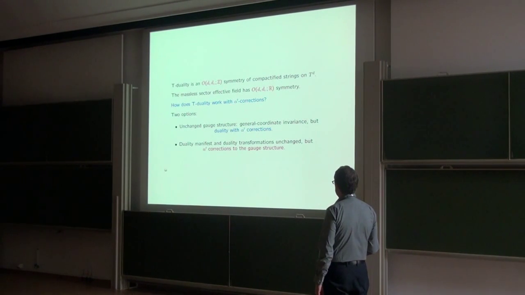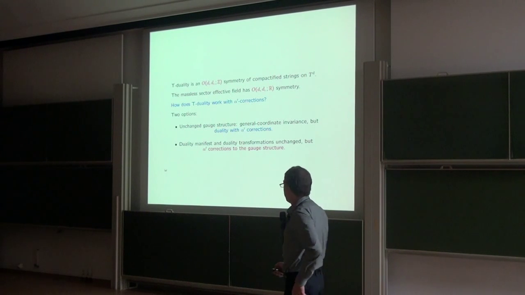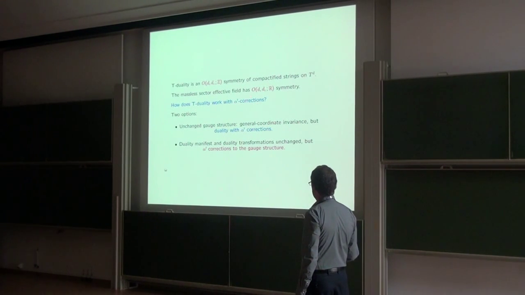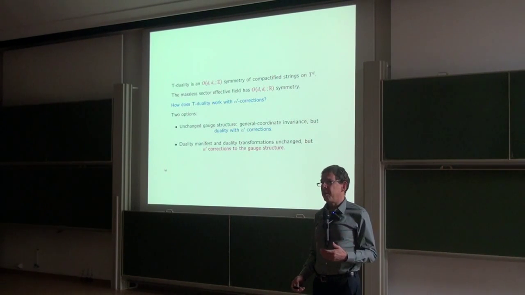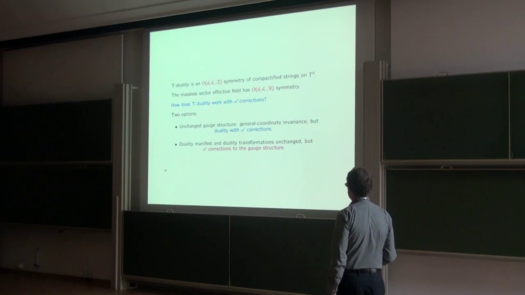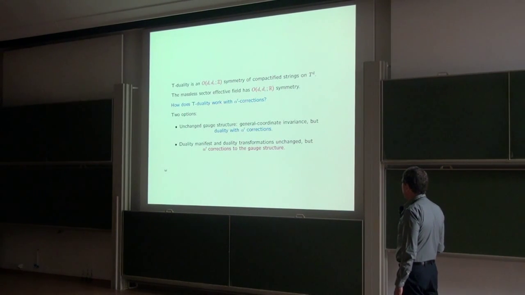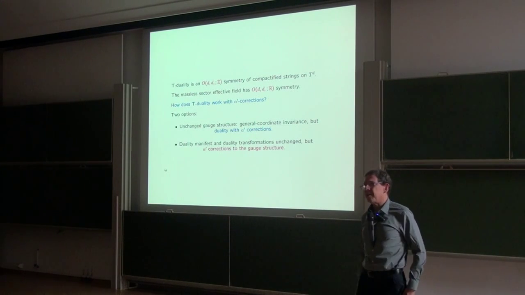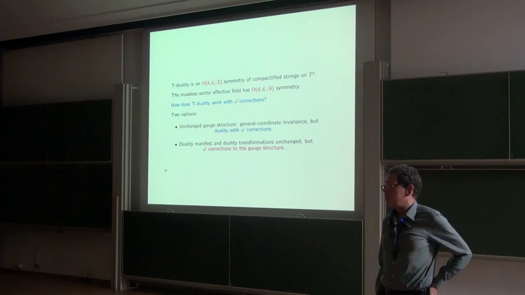At the early times, there was a lot of discussion of this subject, with Ashoke Sen being one of the first people to explain why alpha prime corrections would preserve this symmetry. So this continuous symmetry is supposed to be there, even with alpha prime corrections. So given that you have an extra symmetry, you would ask, how does it work with alpha prime corrections? And there seem to be two different ways in which you can do this.